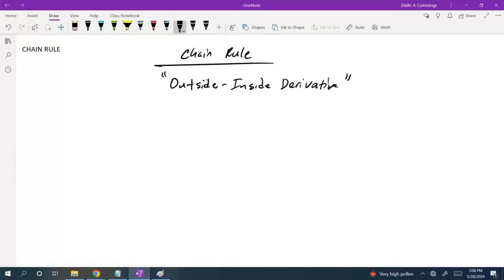So before we get into the actual formulas, let's take a look at a formal example. So here we have the same equation but written in different ways. y is equal to 9x to the fourth power plus 6x squared plus 1.